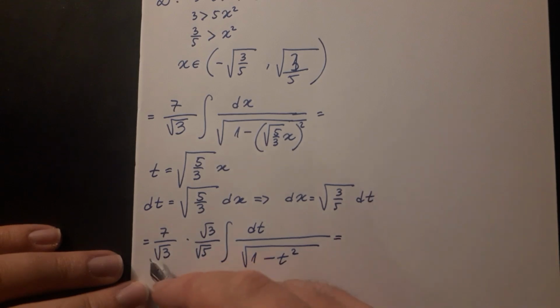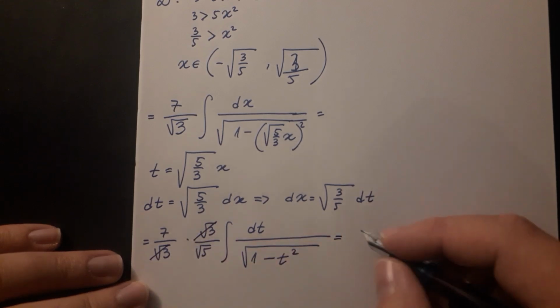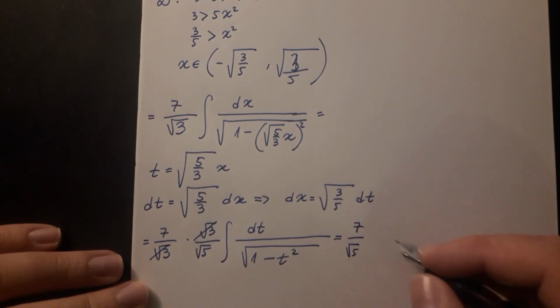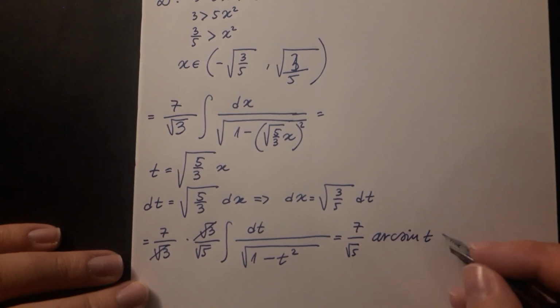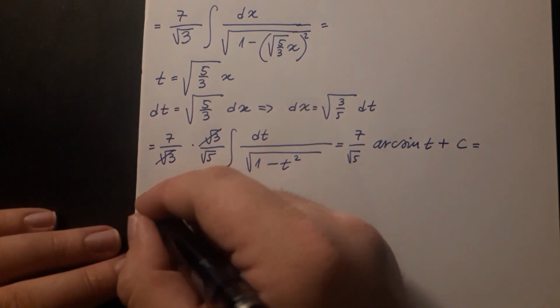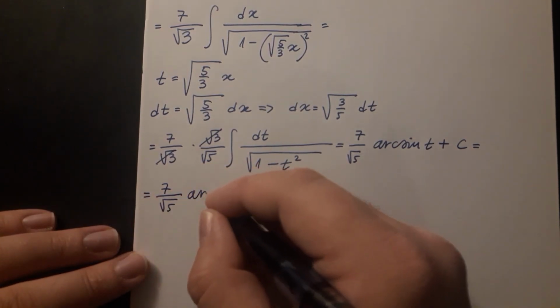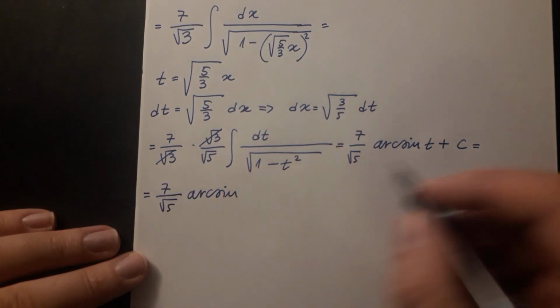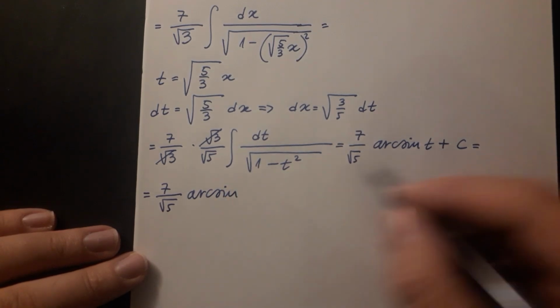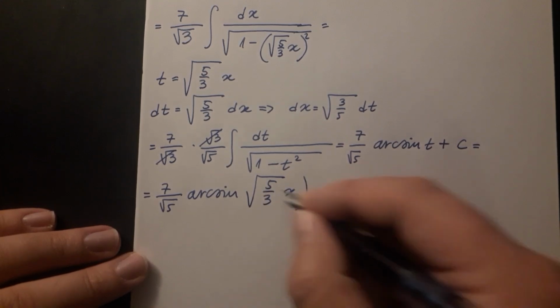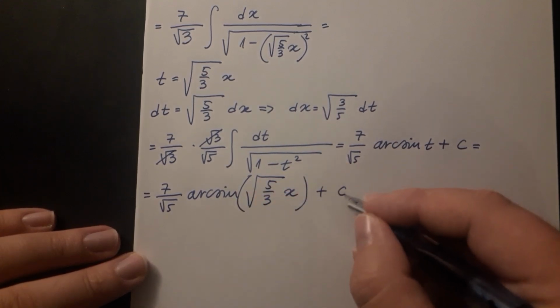This is then equal, square root of 3 is going to cancel out, to 7 divided by a square root of 5 times arcsin of t plus an arbitrary constant c, which is equal to 7 divided by a square root of 5 arcsin. When we return the substitution, square root of 5 over 3 x plus c.